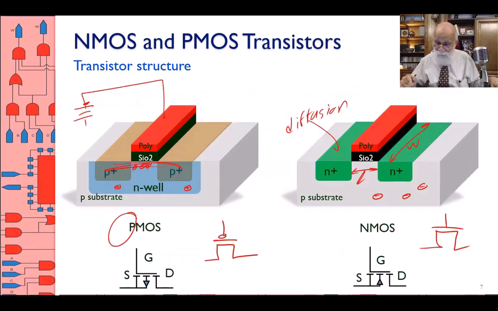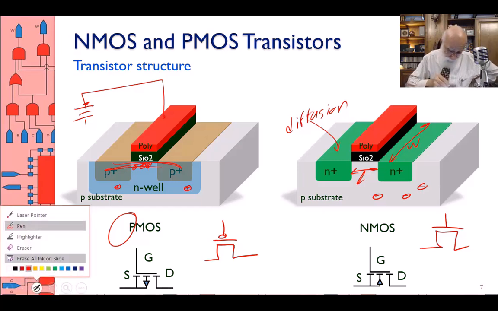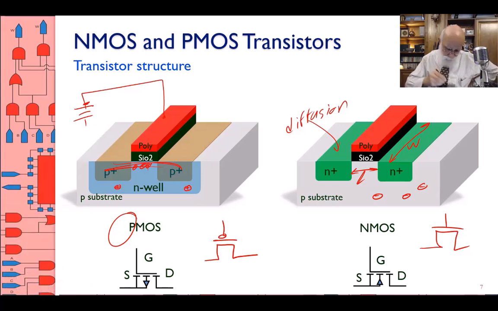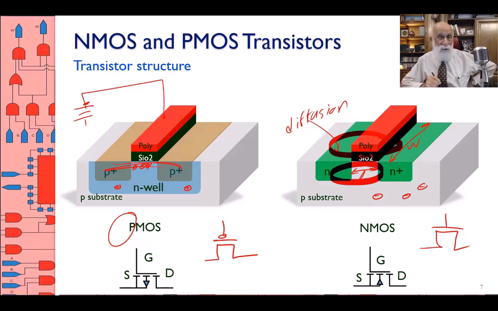Not only that, look at this. Here I have a conducting material, and then there is another conducting material here. Okay? Between these two conducting materials, what do I have? I have silicon dioxide, an insulator, not conducting.